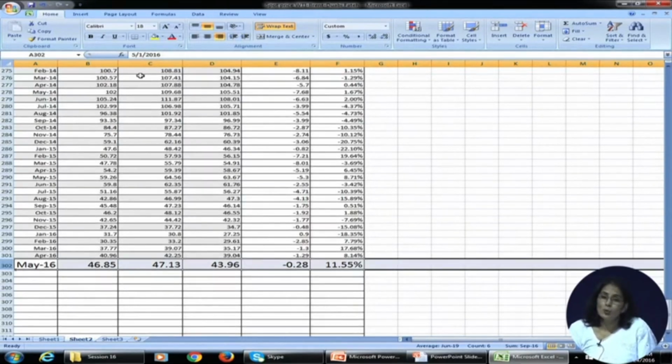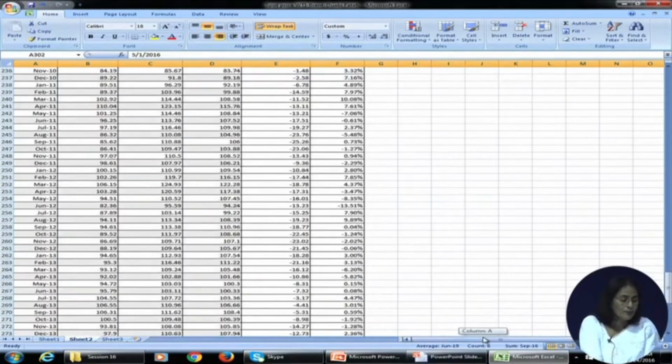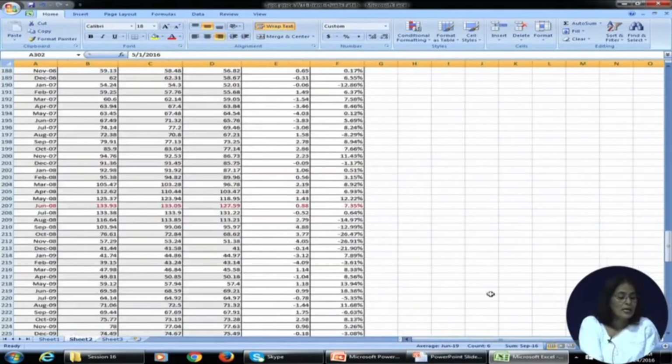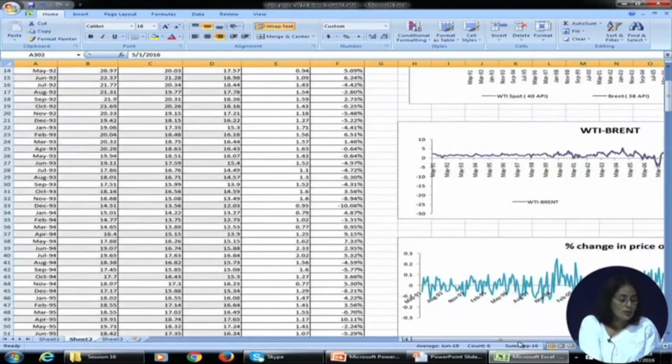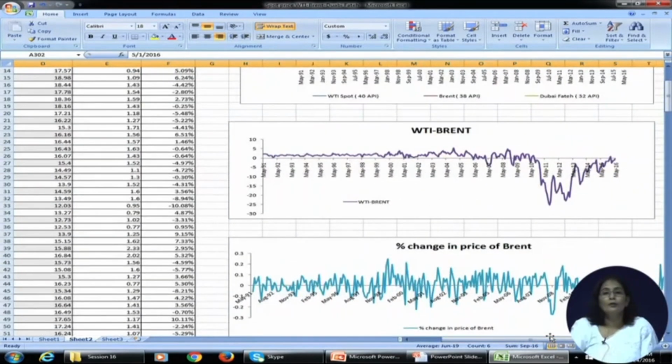In fact, it was quoting at a higher price for a substantial number of years, but sometime around May 2006, the WTI spot crude price started quoting at a discount to the Brent crude.